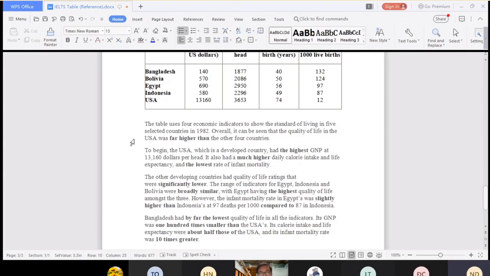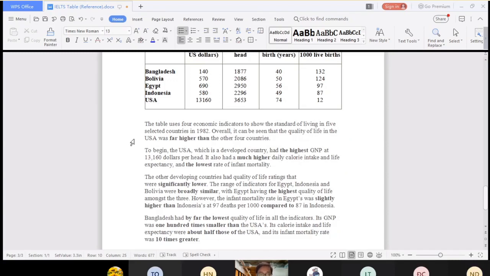It also had a much higher daily calorie intake and life expectancy, and the lowest rate of infant mortality. It means the death rates of children, of infants. Okay, so here I have highlighted all the comparative and superlative structures. The highest, right? Much higher, the lowest.